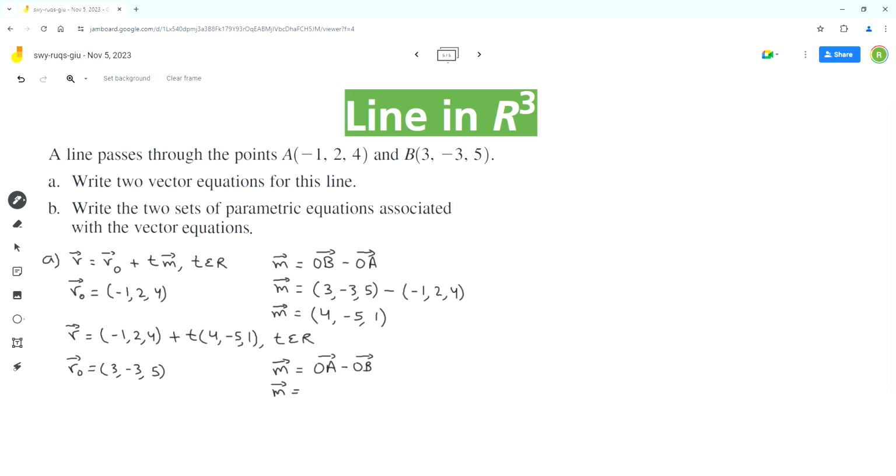So we can use the given point A for position vector OA and given point B for position vector OB.